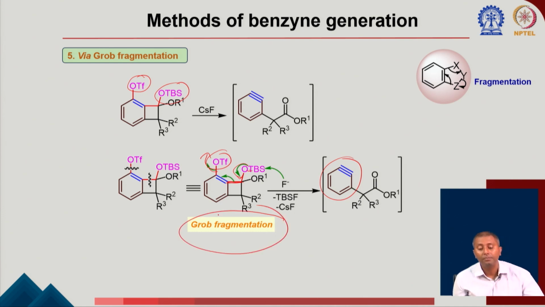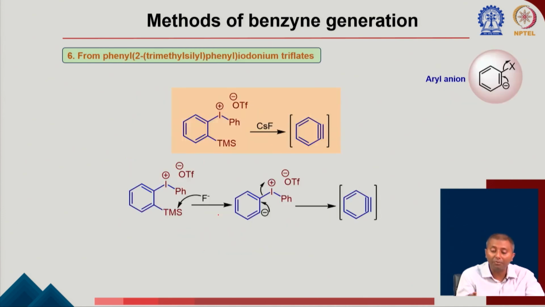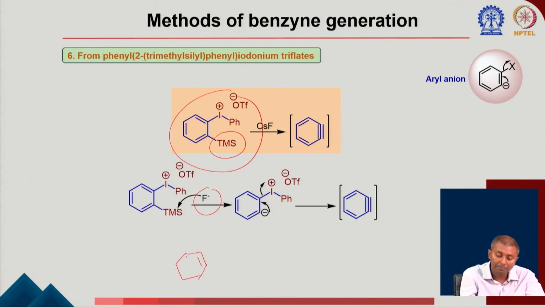Okay. So now you can see we have started from this particular compound, a trimethylsilyl phenyl iodonium triflate. If you have this iodonium triflate, and you have this trimethylsilane here, again, if you use this fluoride, I am going to also discuss these things in detail when I talk about the silicon chemistry. So there is a trimethyl group here.